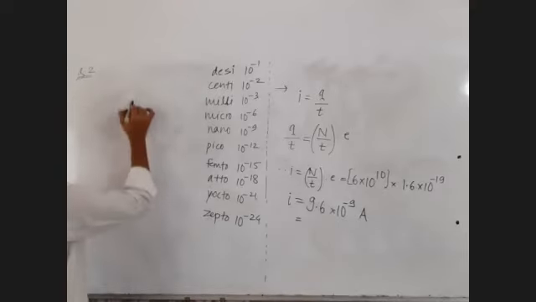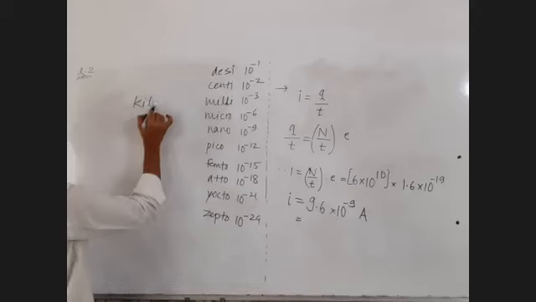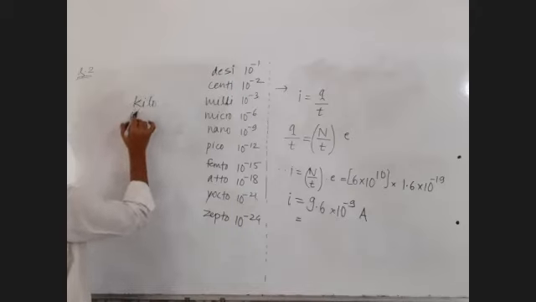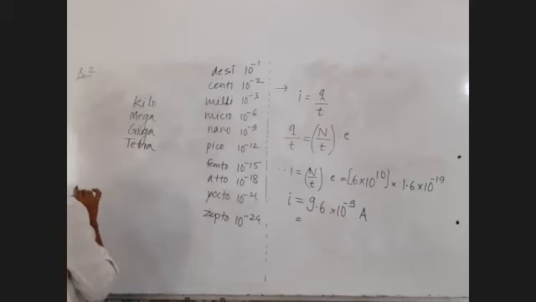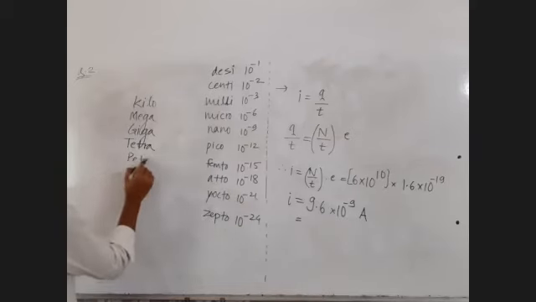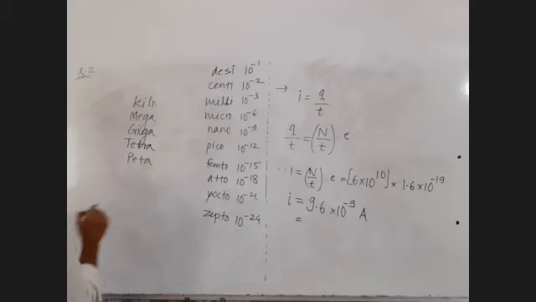And here you can have kilo, mega, giga, tera. Right? Am I right? Kilo, mega, giga, tera, peta, others.